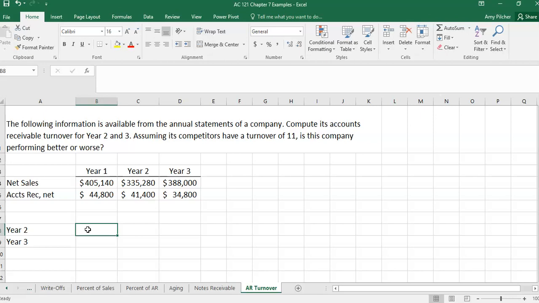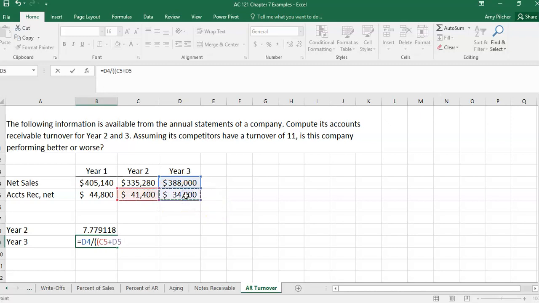So for year 2, we would take year 2 sales divided by year 1 accounts receivable plus year 2 accounts receivable divided by 2. That's average accounts receivable. And for year 3, we would take year 3 sales divided by year 2 accounts receivable plus year 3 accounts receivable divided by 2.